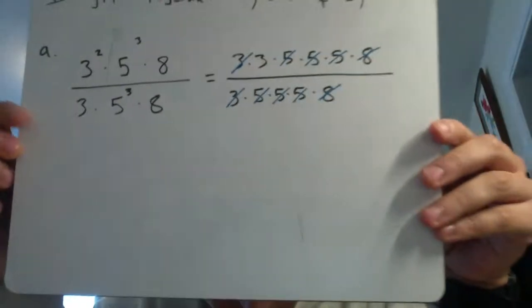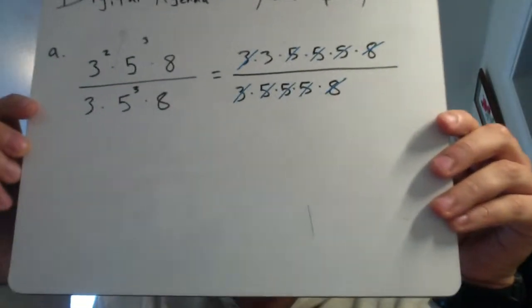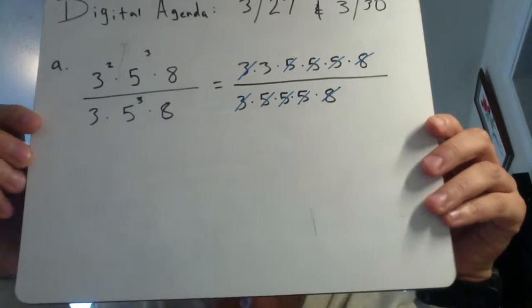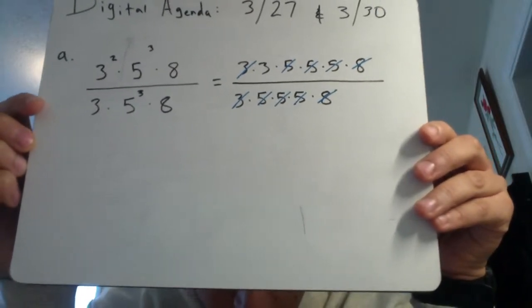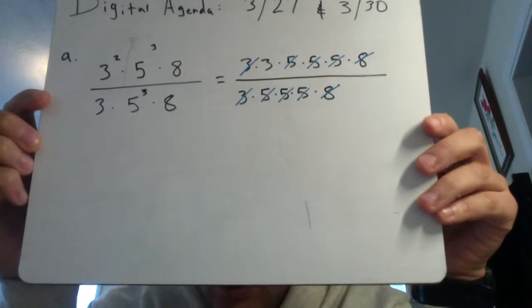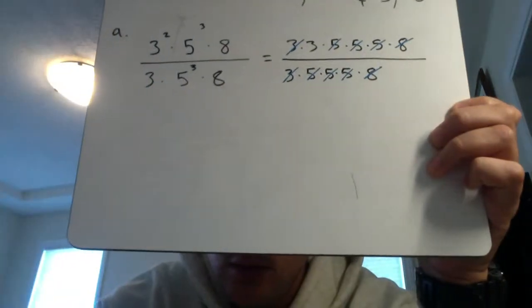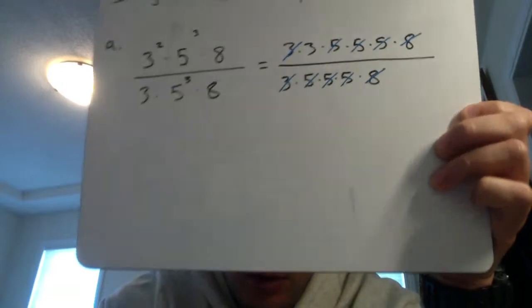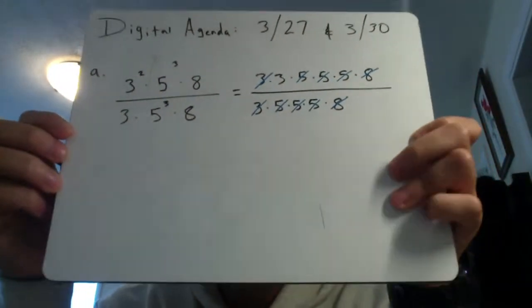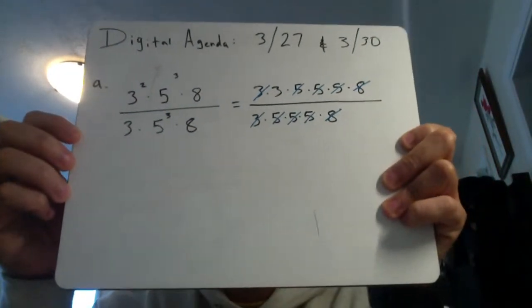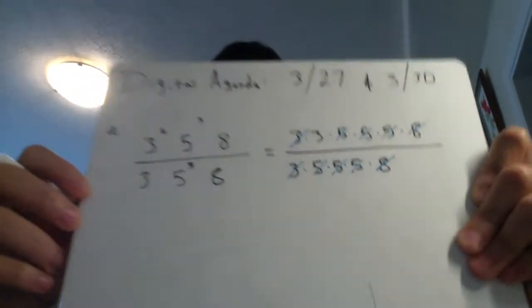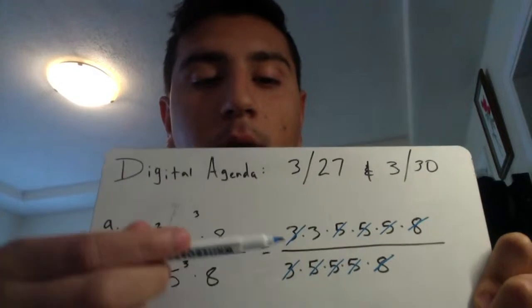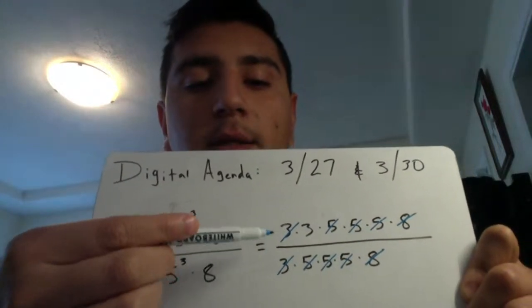All right, so notice what I just did. In blue, I crossed out terms in the numerator and the denominator. The only reason why we can do that is because there are like terms in the numerator and the denominator. What I mean by that is that 3 and 3 can cancel, right?